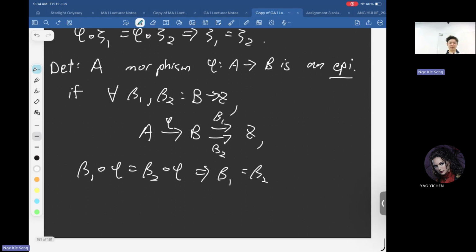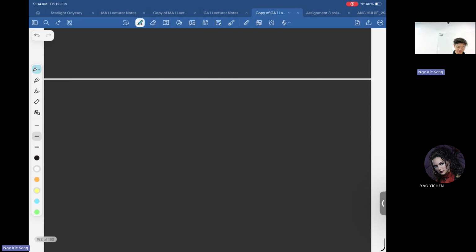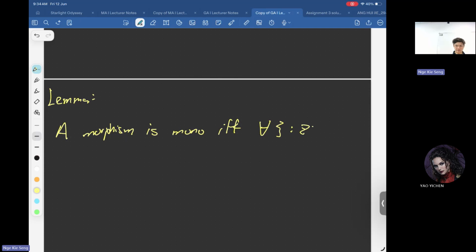So in this case, there's a lemma. A morphism phi is a monomorphism if and only if for every gamma from Z to A, phi of gamma equals 0 implies gamma equals 0.